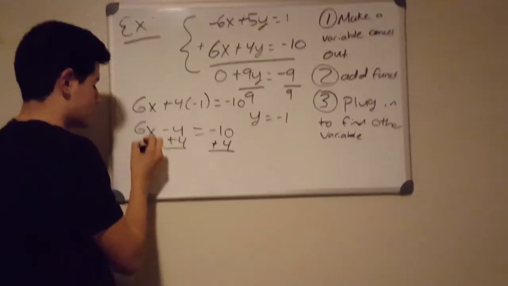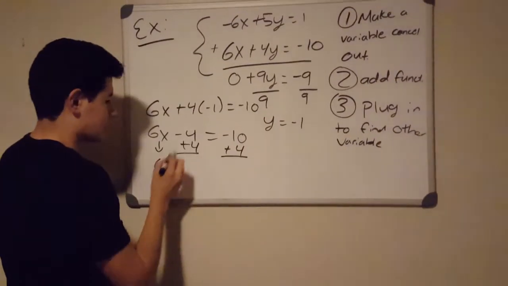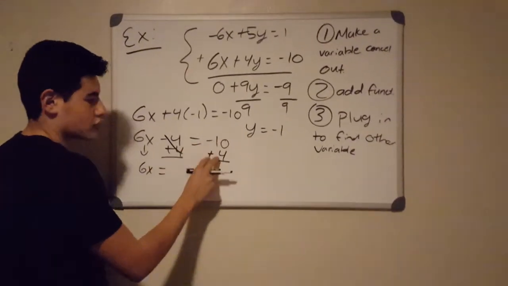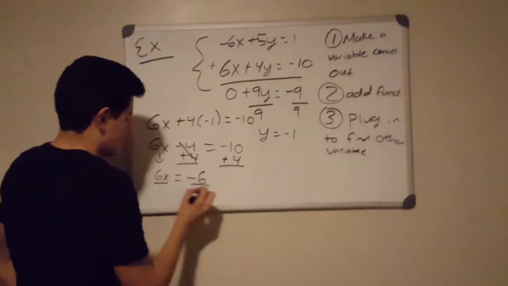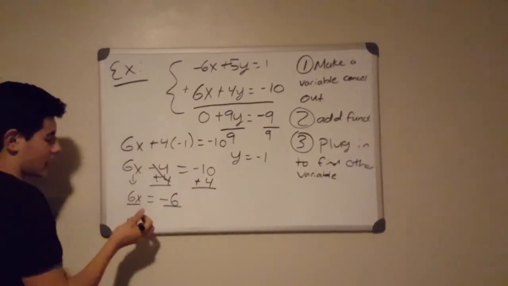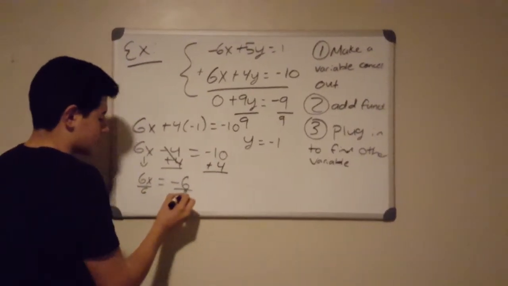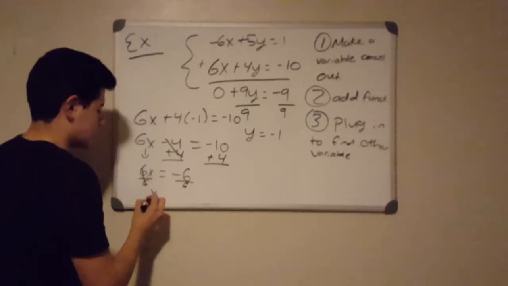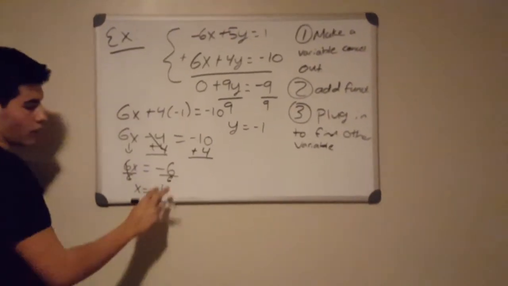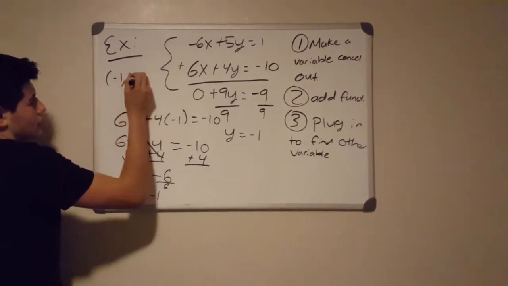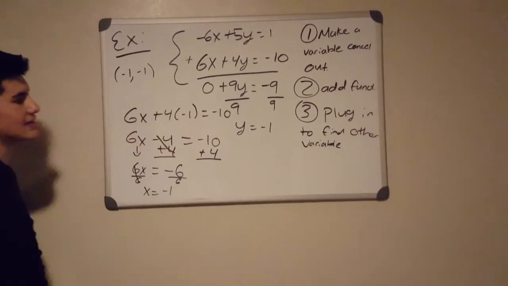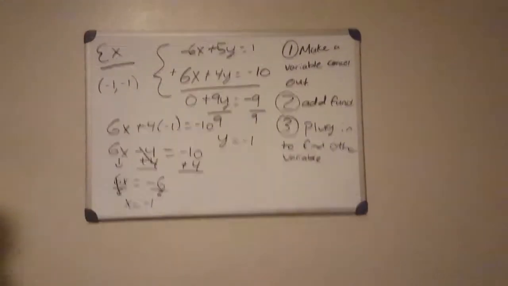This 6x comes down. So you have 6x, these cancel out, is equal to negative 10 plus 4, which is negative 6. Single out the x, so we'd have to divide by 6 on both sides. So x is equal to negative 1. So that means that our solution to this system of equations is negative 1, negative 1.